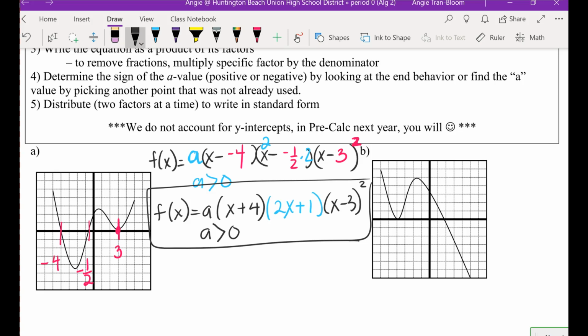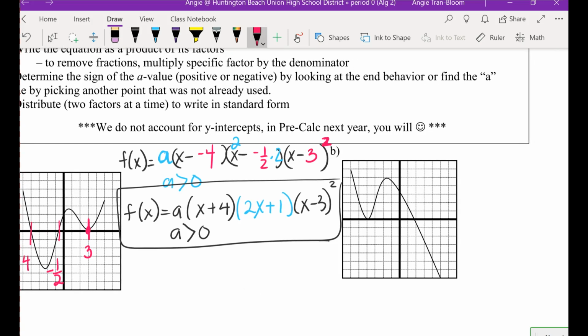Good question. Someone can answer that for me. How do I know for this particular case a is positive? Skylar. The direction that it's opening. The end behavior. Okay? Always the end behavior. Matt? Yeah, always the end behavior. Correct. If they both go down, then that means a is less than? Right.